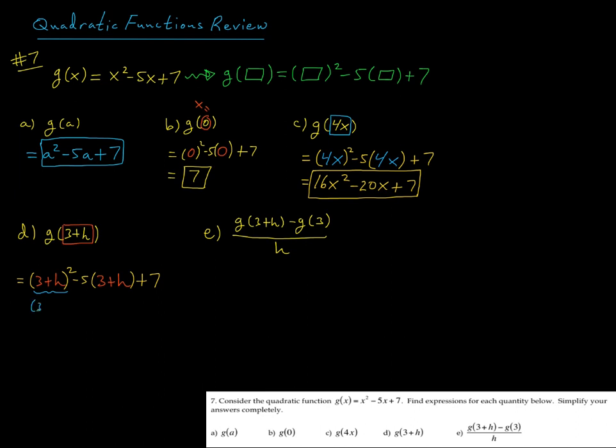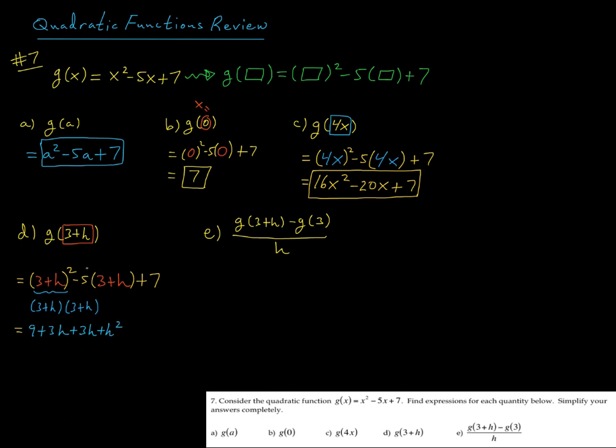All right, so now let's go ahead and multiply out the 3 plus h quantity squared. So this is 3 plus h times itself. Multiplying that out by distributing, I'm going to get 3 times 3 is 9 plus 3h, and then h times 3 is another 3h, and then I'm going to get an h squared.